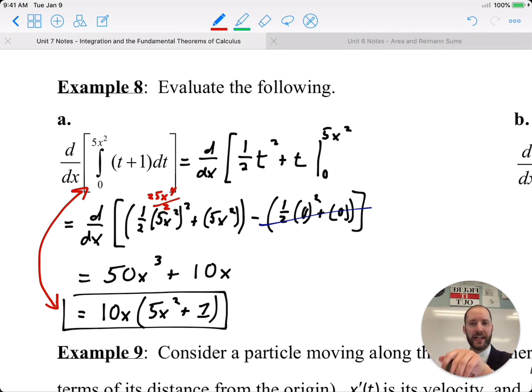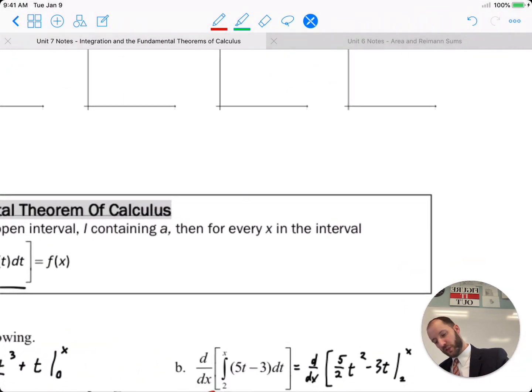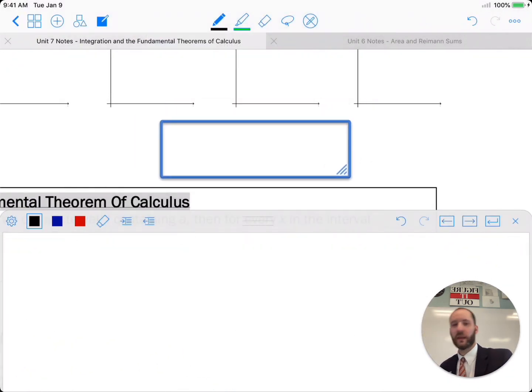Outside you have 10x, which is the derivative of 5x squared. So let's go right here for a shortcut. This is when your upper, lower, or both bounds are a function more complicated than just x.